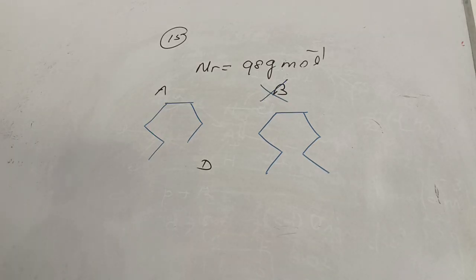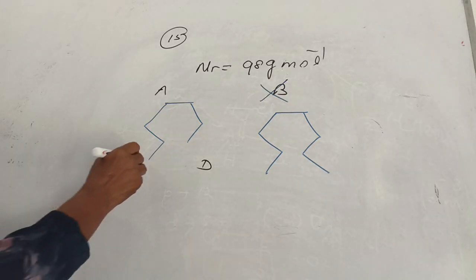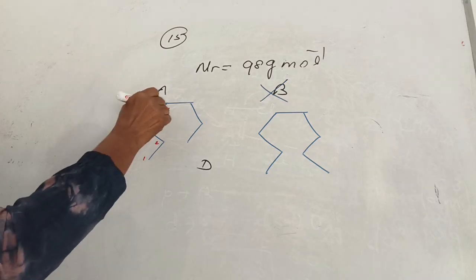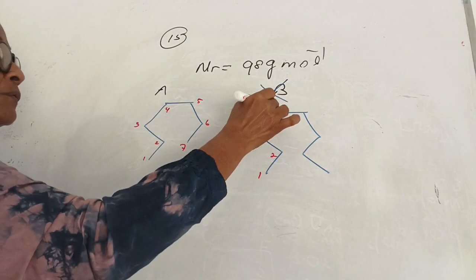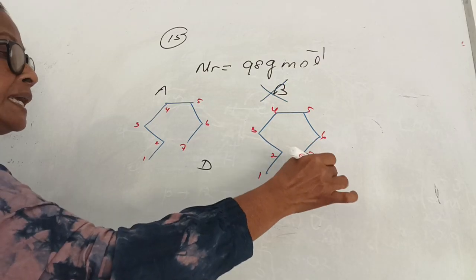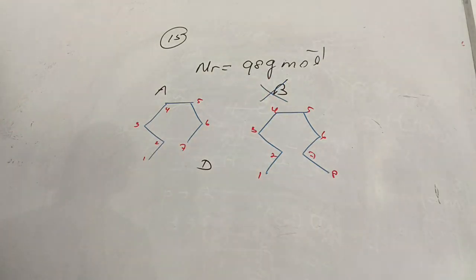You can see the number of carbon: 1, 2, 3, 4, 5, 6, 7 carbon, and here 1, 2, 3, 4, 5, 6, 7, 8 carbon. Because of that, B is out.